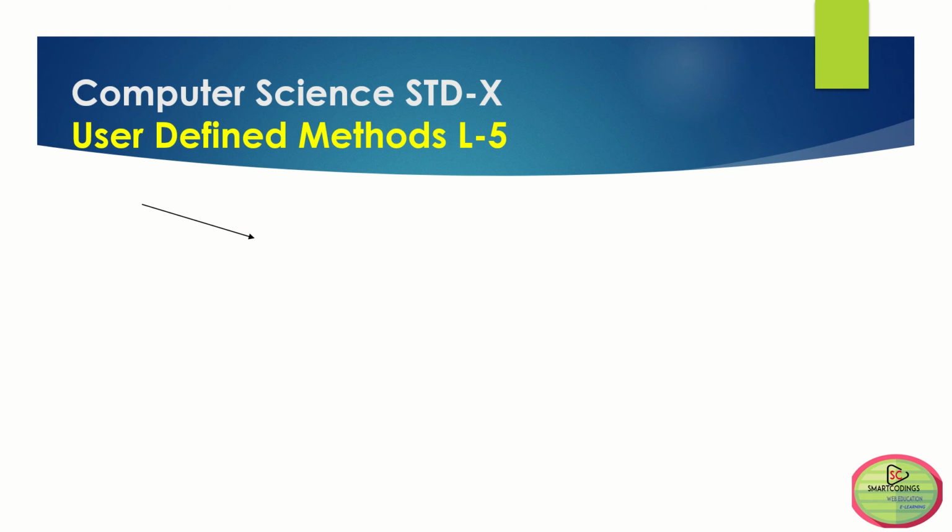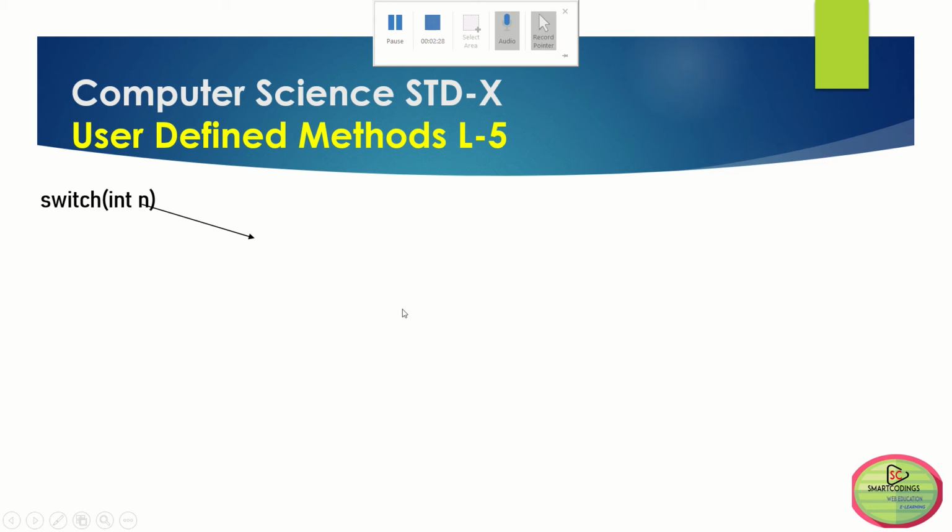So switch case has a certain syntax. As I can show you, students, over here, switch is a keyword, so it's in small letters. Inside this, int n is a parameter passed, which is also known as a control variable.